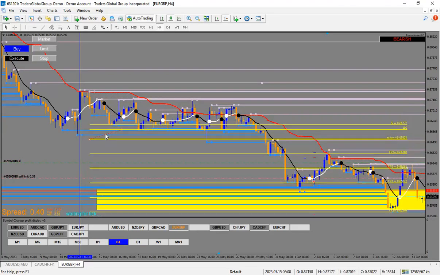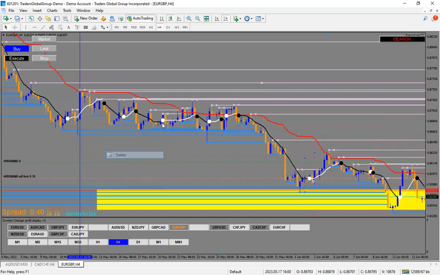Then I also had another entry, but it came back and hit my stop loss and gave me a retest to this and created another high here, close below a retest, and the breakout happened here.